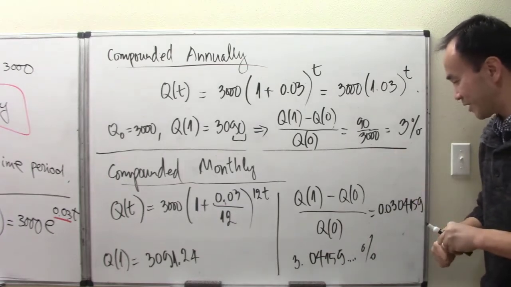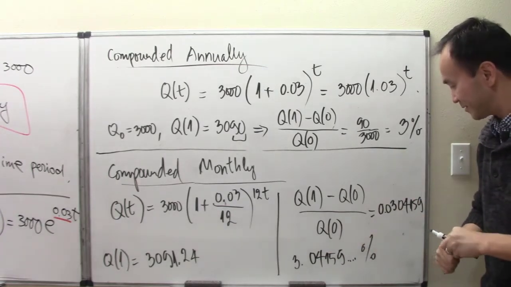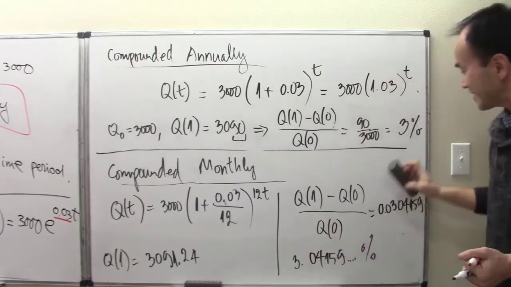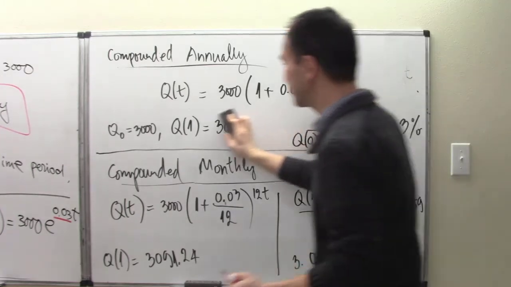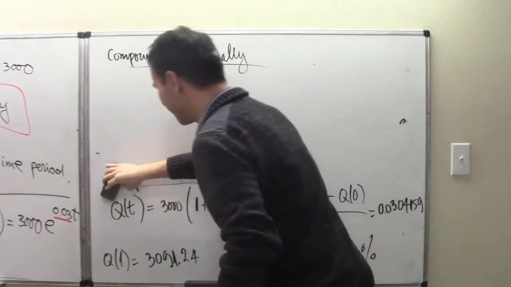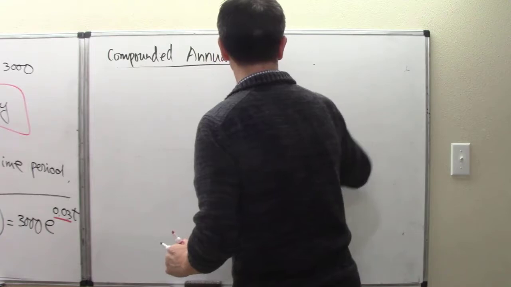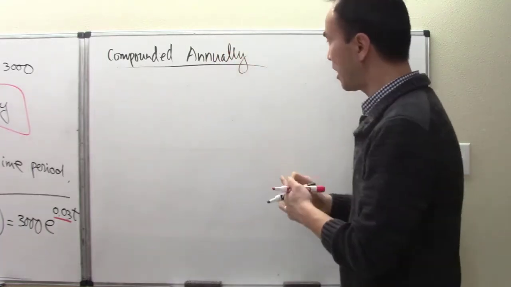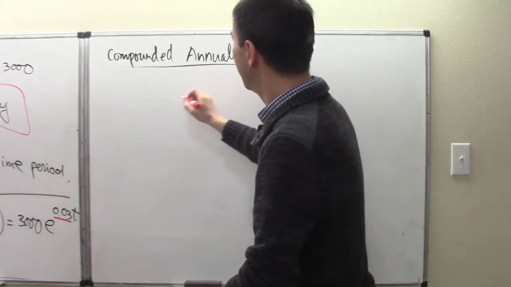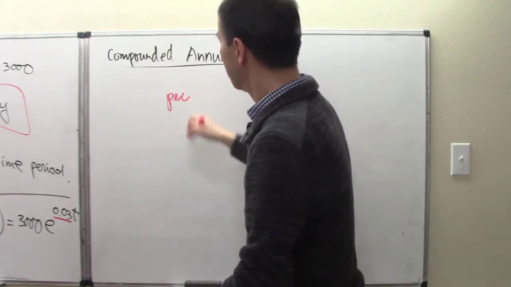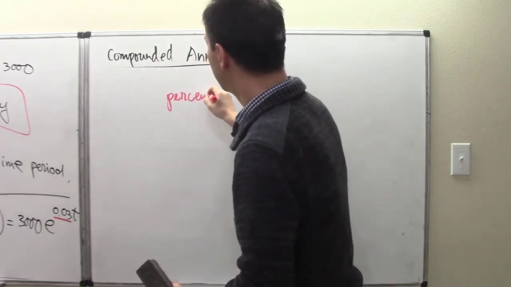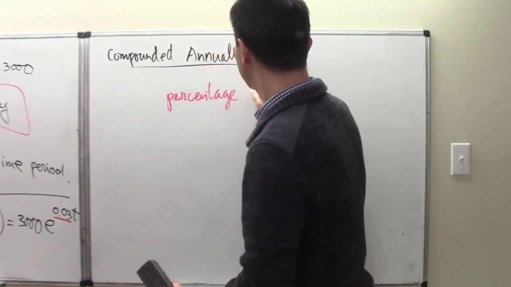Okay, so now I've done two problems to compare with the beginning one. So now let me erase this, and we're going to formalize some terms right here. All right, so for compounded annually, I use the term the percentage yield.